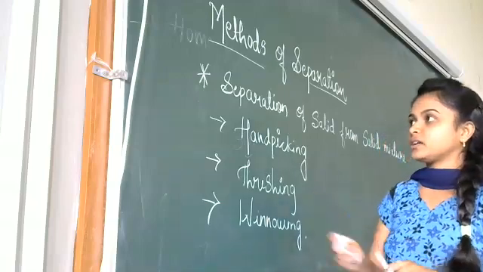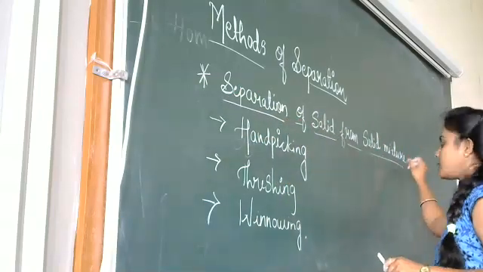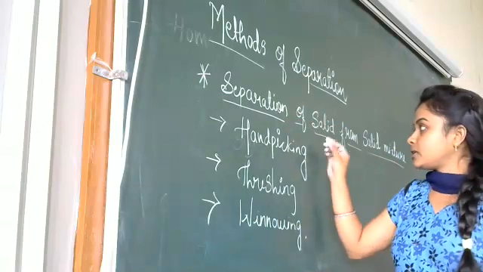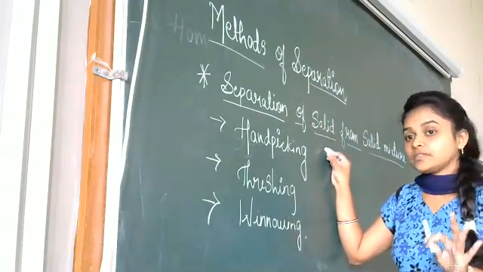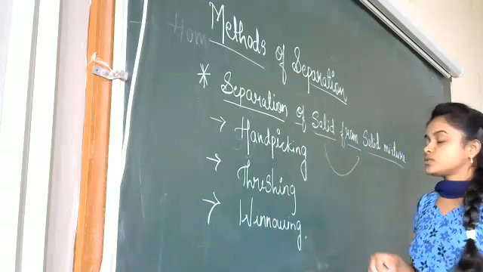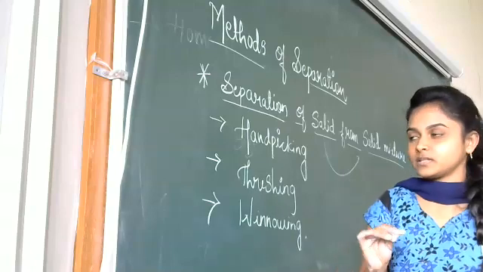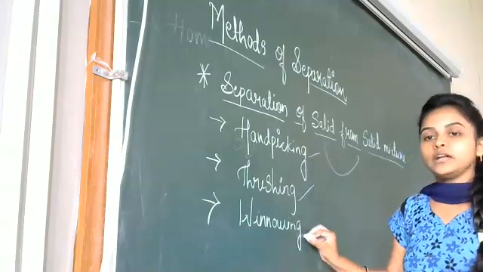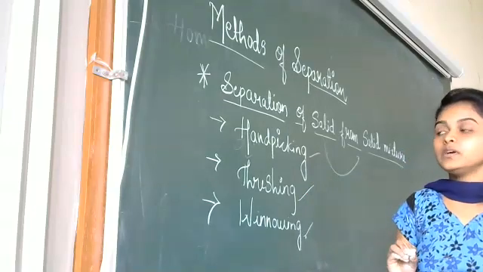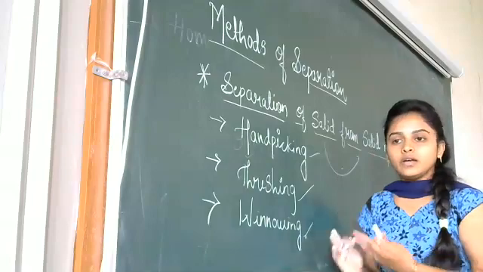We have taken the first method, that is separation of solid from solid mixture. How do we separate the solid impurities or the waste components from the solid mixture? Under that we have three methods: hand picking, threshing, and winnowing. Let us study one by one what is meant by hand picking, threshing, and winnowing.